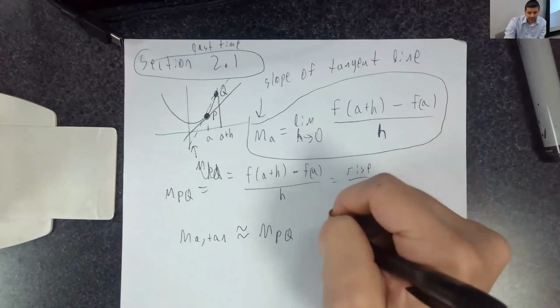What kind of units? Meters per second. How else could we tell? Well, it's a fraction. The numerator, the y values, are measured in meters. The denominator, the t values, are measured in seconds. So we know it's meters per second.